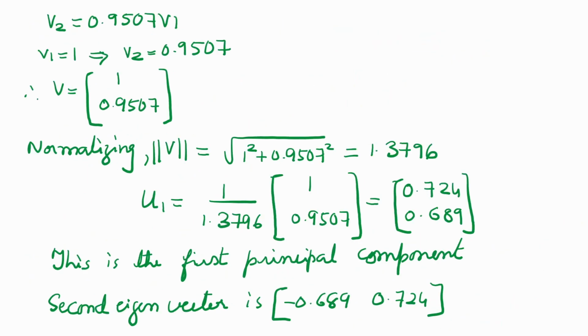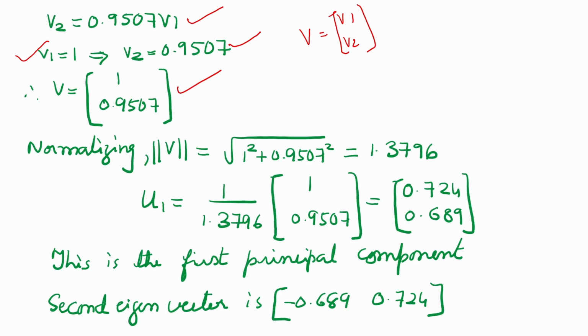So V2 is equal to 0.9507 V1. Let us assume V1 is equal to 1. Substituting V1 equal to 1, we get V2 as 0.9507. We know that V is V1 and V2, so we can directly write the vector as 1 and 0.9507.